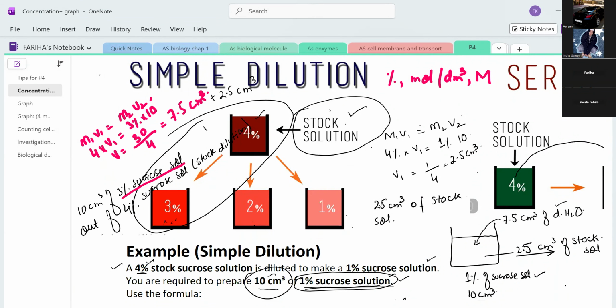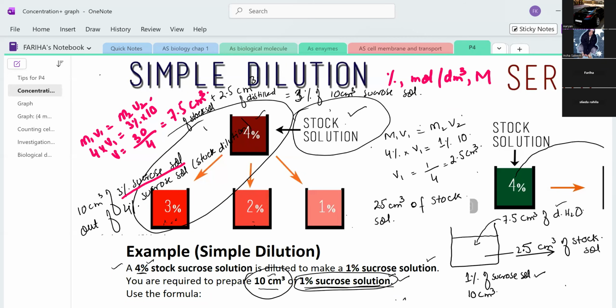So whenever we add 7.5 cubic centimeter of stock solution and 2.5 cubic centimeter of distilled water, we can get 10 cubic centimeter of 3% sucrose solution.